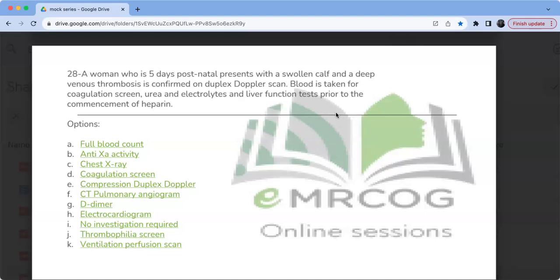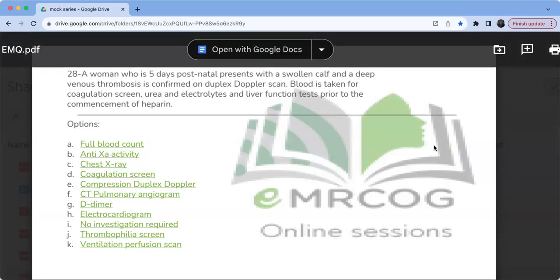Mistakes happen or different protocols occur. But your job in the exam, if they ask you what is the next management option or the next step in the management of a case of DVT, is to write start low molecular weight heparin before the duplex scan. Is it clear, Maria?